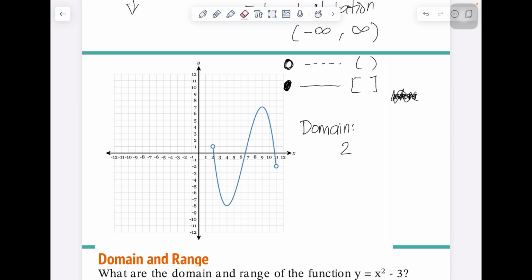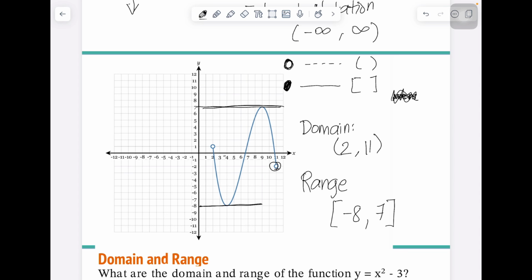It starts from 2, but is it an open or closed circle? That's an open one, so you use parentheses. So 2 going to where? Going to 11. So 2 to 11, right? And for the range, it will be included because it's part of the graph. So it's from -8, going to the highest part of the graph, which is +7. All right.